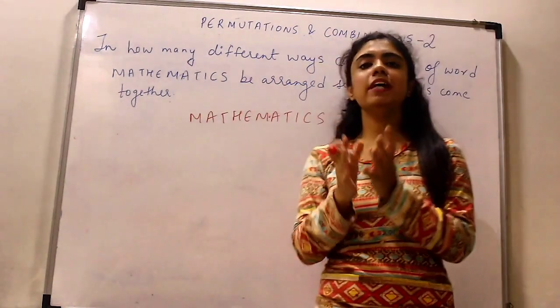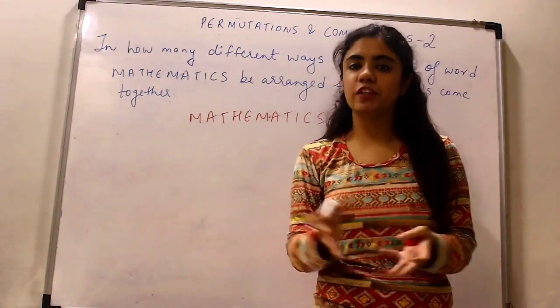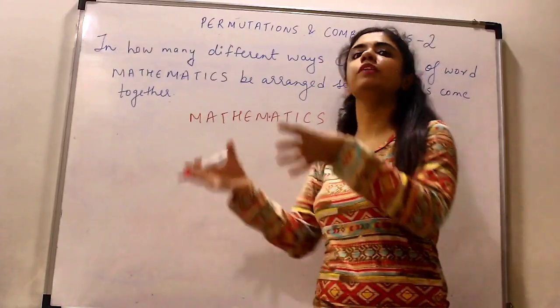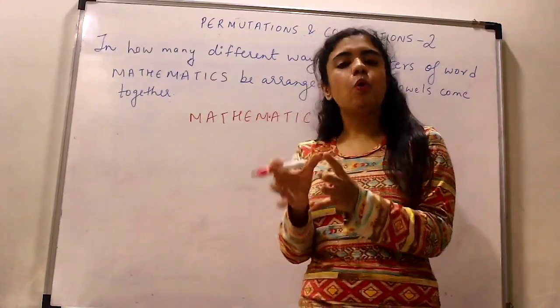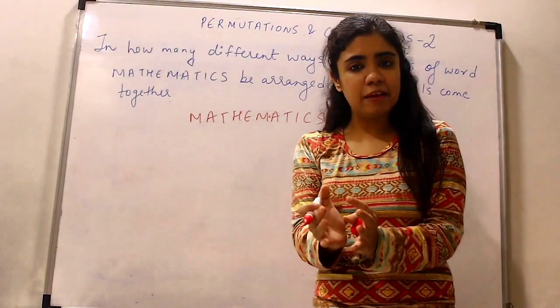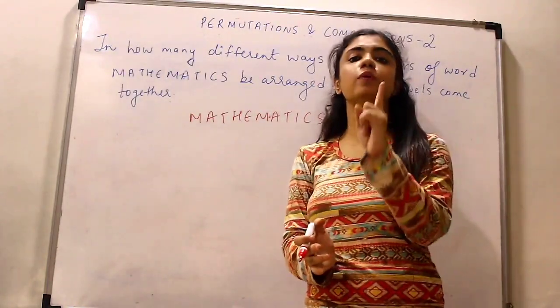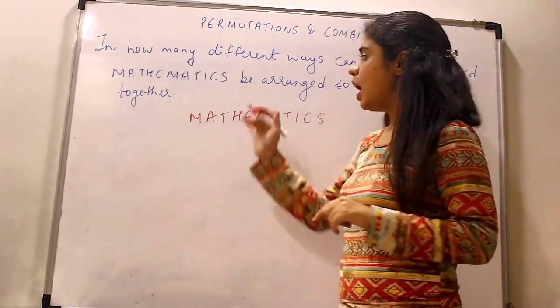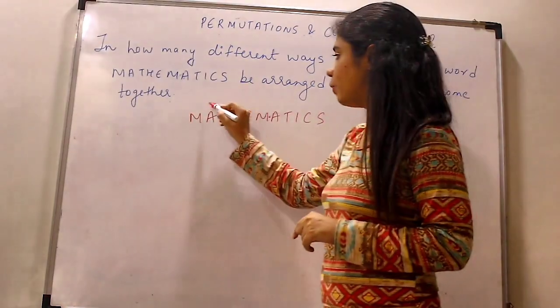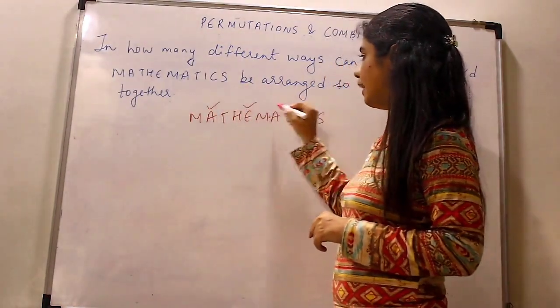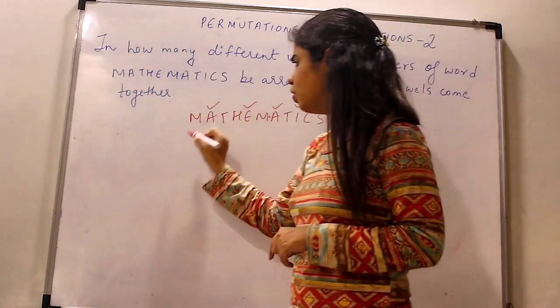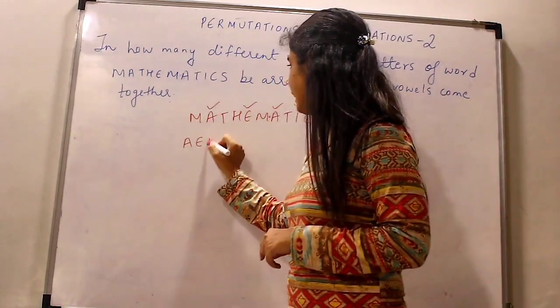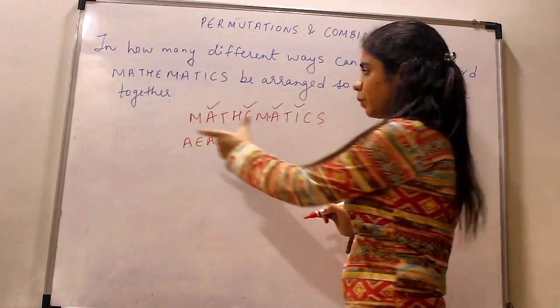Now understand, whenever they ask you questions like 2 people have to sit together, 3 people have to come together, certain letters have to come together, what we do is we combine them and consider them to be only one person or one letter. How many vowels do we have? You have A, E, I and A again. So let's combine them. You have A, E, A, I. Okay? And what are the consonants?